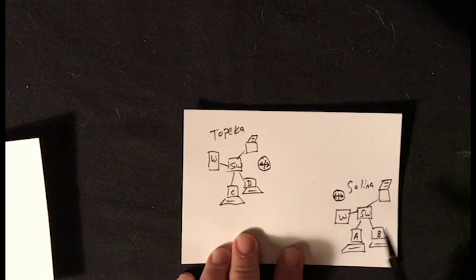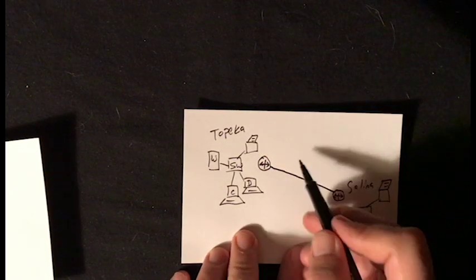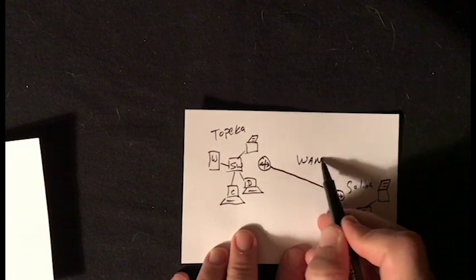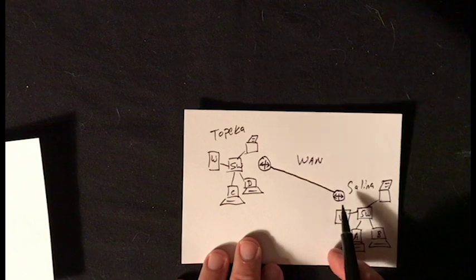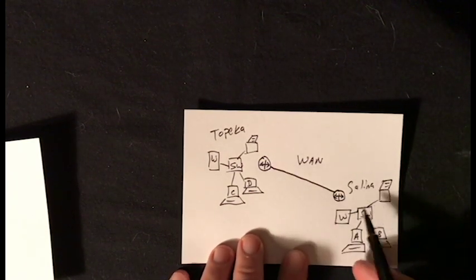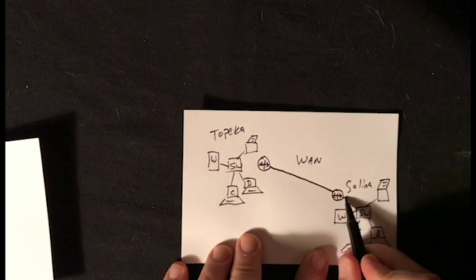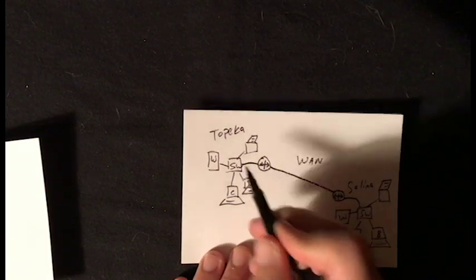So this router device talks to the other over a WAN link. Normally you'll lease this line from a telecommunications company, and it allows a connection between cities. The router also connects to the local area network. So check this out.